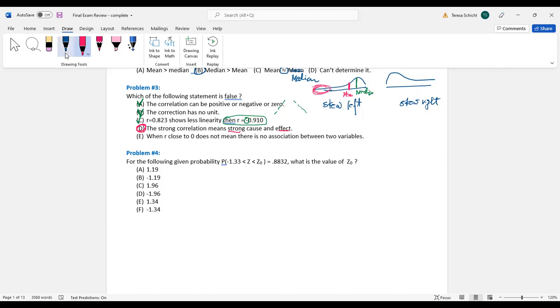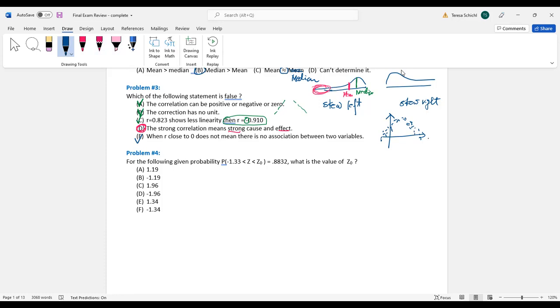Okay, then the next one says when R is close to 0, it does not mean there is no association between two variables. Is this a true statement? This is a true statement. Why? Because R is the linear correlation coefficient, right? So if you have a data pattern like this, for example, they go small, then continue to go up and then go down.